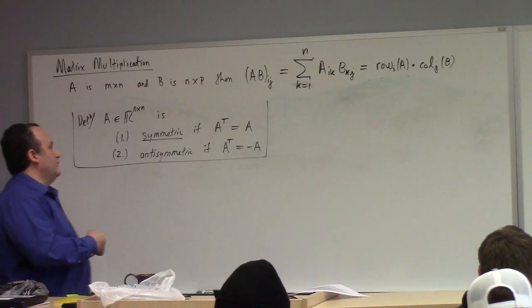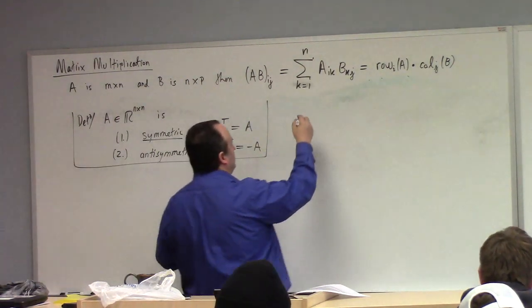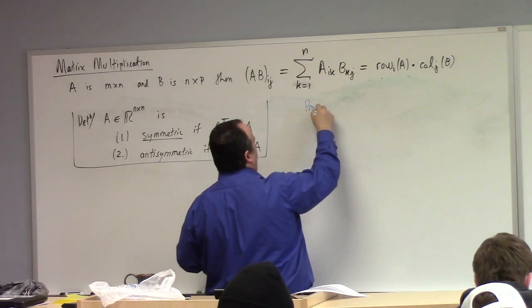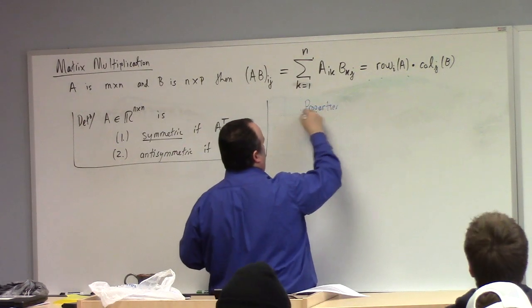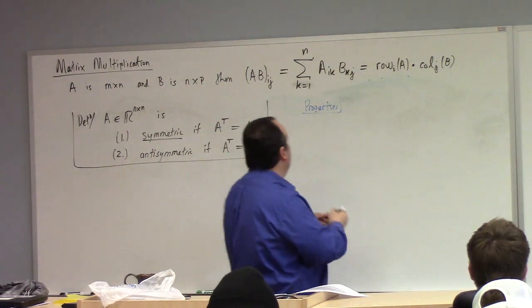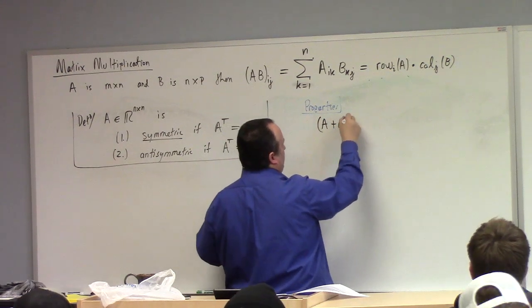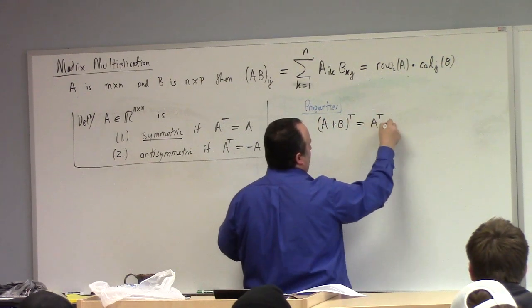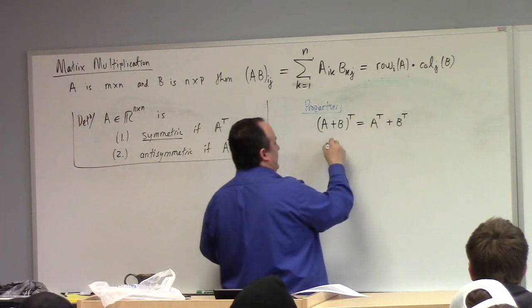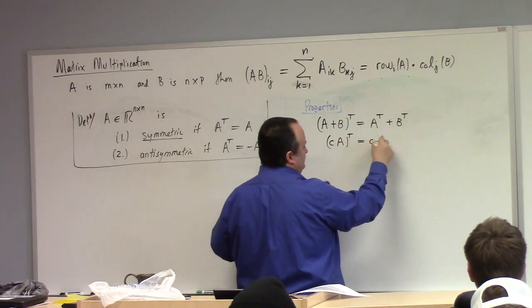So, properties of the transpose that I should mention to you guys. What are the properties of transposition? If we have, for example, (A plus B) transpose, it's A transpose plus B transpose. If you have a constant, you can pull it out of transposition.